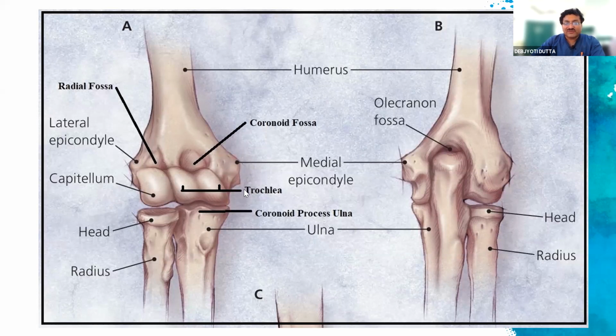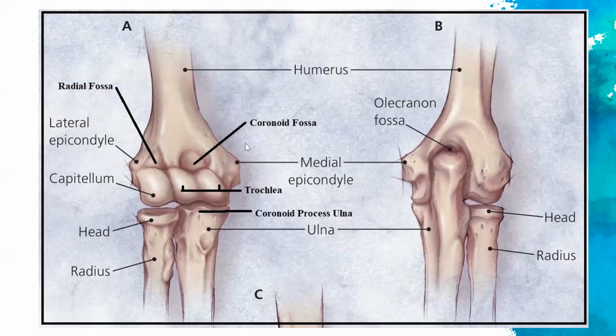Similarly, when there is inflammation at the common flexor tendon, the condition is known as, everyone silent? What is the name of that condition? That is the medial epicondylitis, golfer's elbow. So these two are very clear, lateral and medial epicondylitis. One is the tennis, another is the golf.